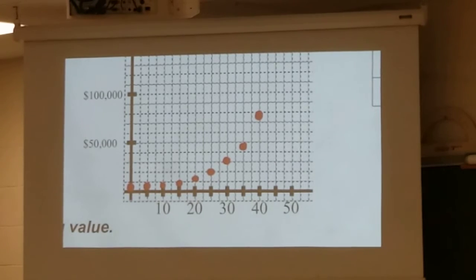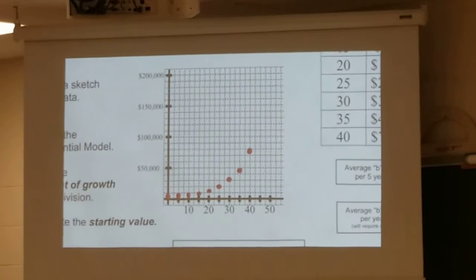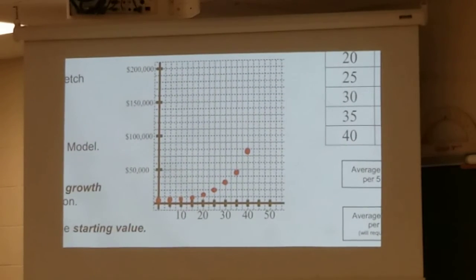You're not that surprised because if something is going to increase by a percentage, which is definitely what's going on in this problem, it's going to be in the shape of exponential growth or exponential decay. If you want to draw that graph, connect the dots as best you can, and you can see that familiar shape, that exponential growth.